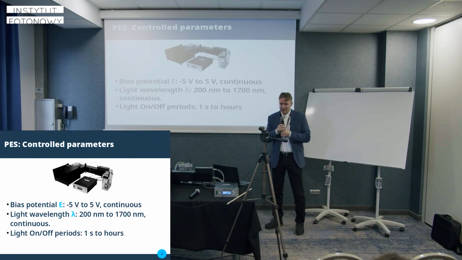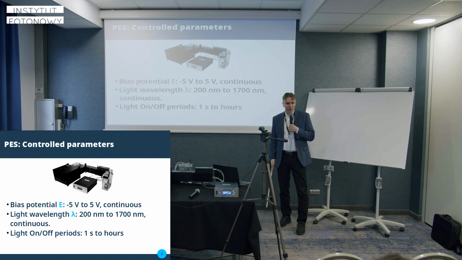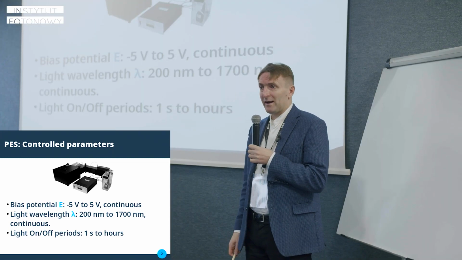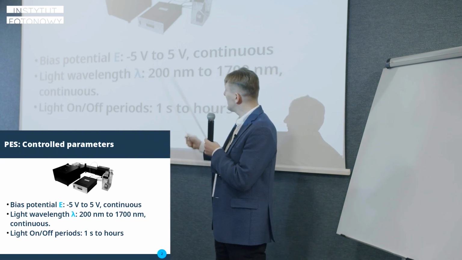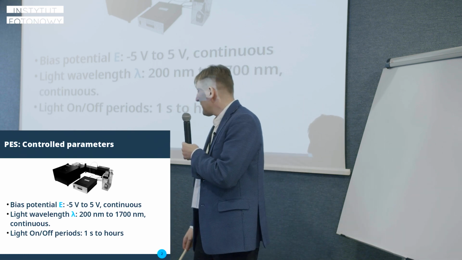This instrument is pretty simple. It delivers light to samples and can measure photocurrents produced by the light. In three-electrode mode, we can adjust the bias potential from -5 to 5 volts.